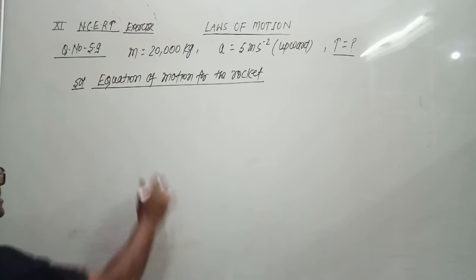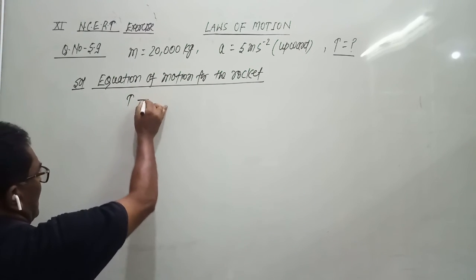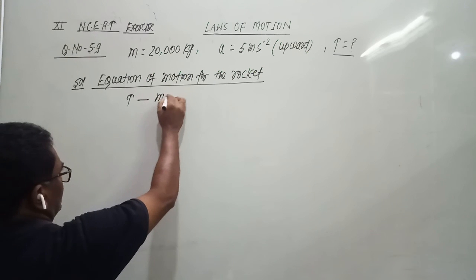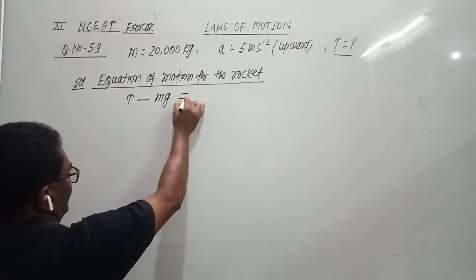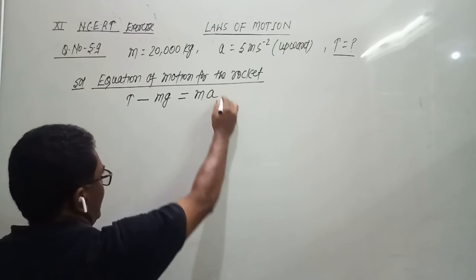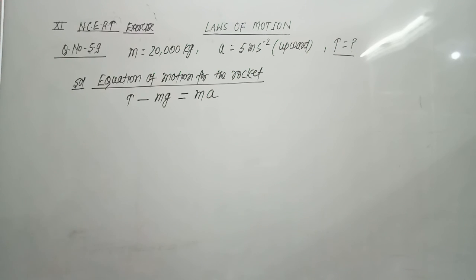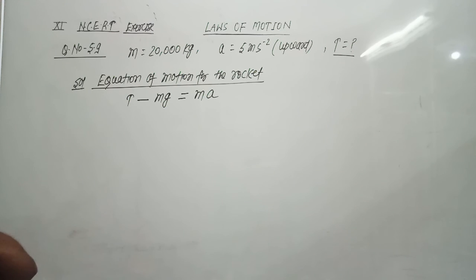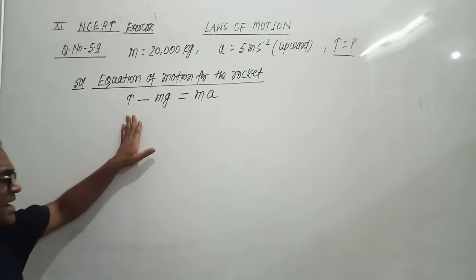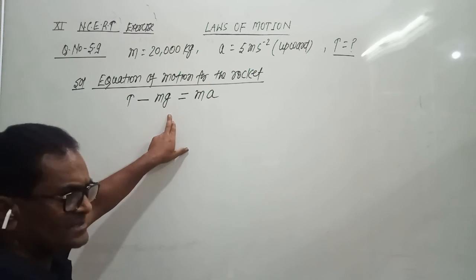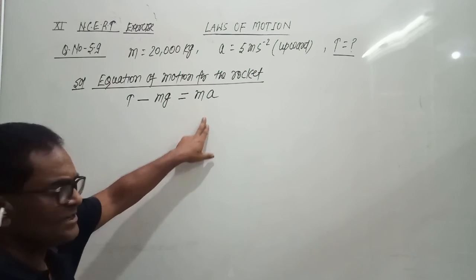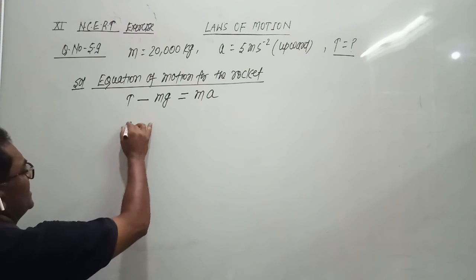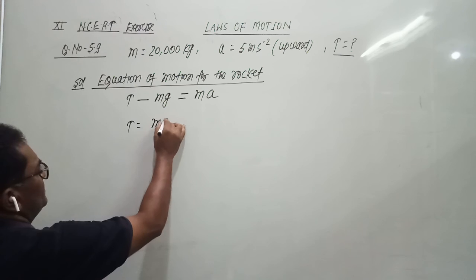Therefore, T is greater, and the weight acts downward, so T minus mg is the resultant force, which is given by m into a. The direction of the blast means the direction of the acceleration is upward. So T is greater, mg is less, and ma is the resultant force. And T equals mg plus ma.